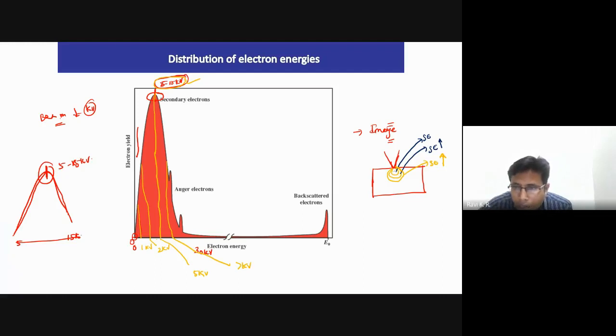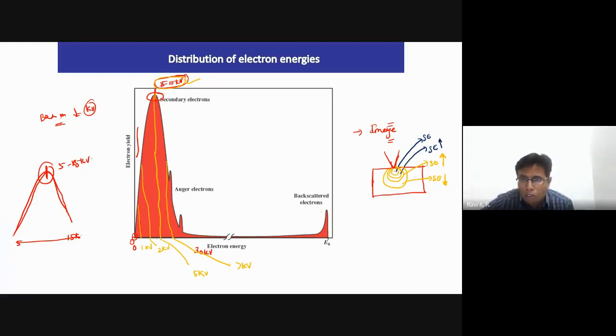Now you start seeing a decrease in the number of secondary electrons. Why? Do you have any idea why this number can decrease?